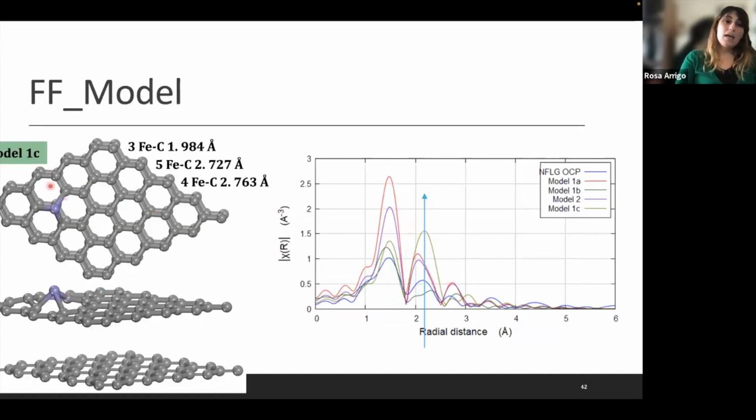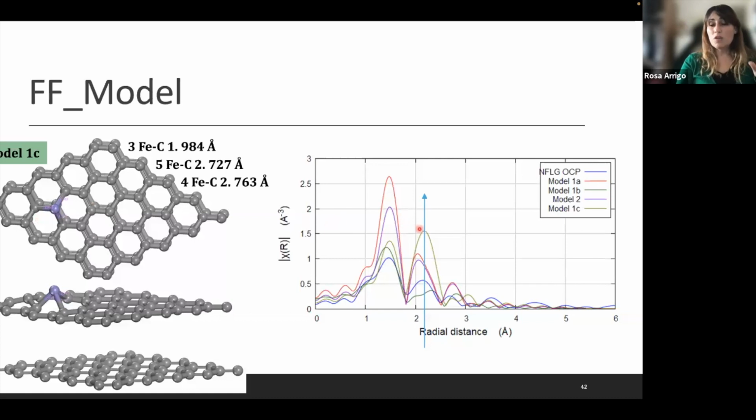Looking at iron in a single vacancy, the force field approach gives interesting results in terms of coordination that, from my perspective, are not what I would expect, but the relevance of this data is in what we can see in terms of the relative intensity between the first coordination, so the direct bond here, and the other carbon atoms around.